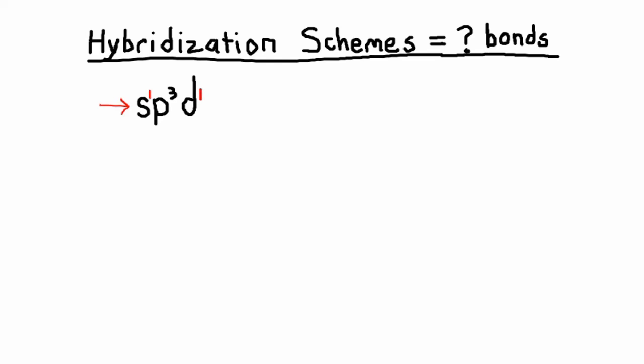And the P has three electrons in its orbitals. So all you have to do to find out how many bonds this is going to make is take the 1 from the S plus the 3 from the P plus the 1 from the D. And that equals 5.